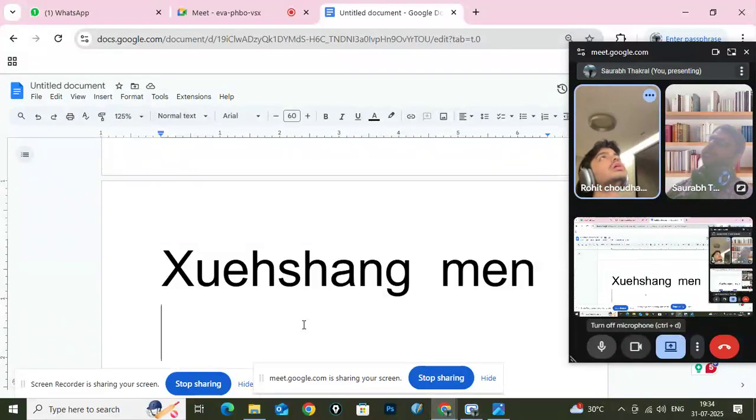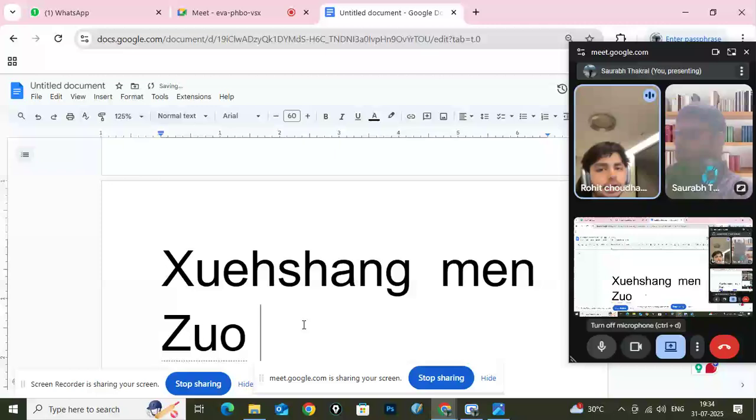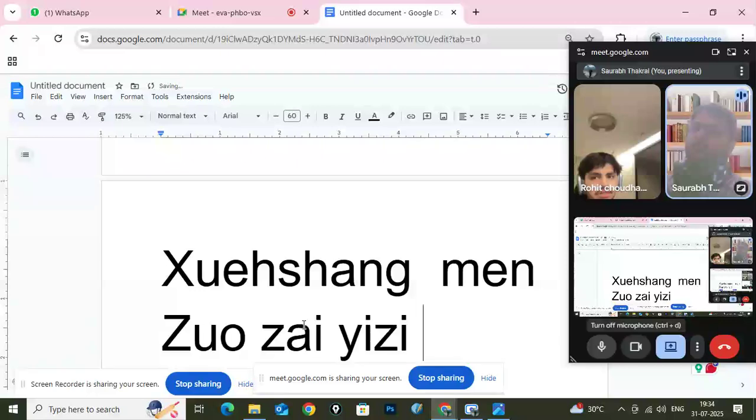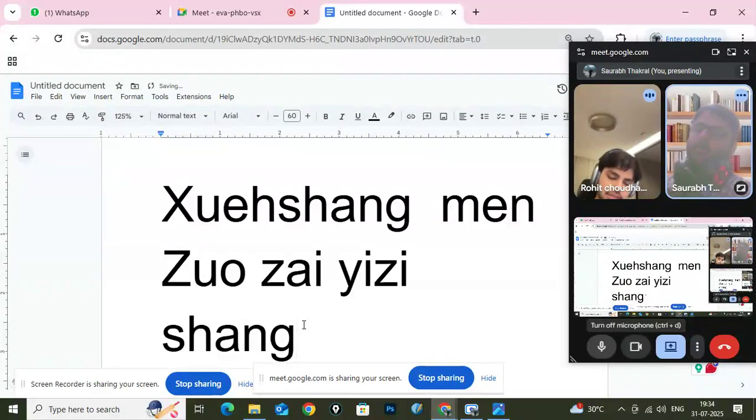Sit. Either, and if we want to specify on the table, then either shang. Otherwise, either is also sufficient. But if you still want to specify on the table and not below the table, then you say either shang.